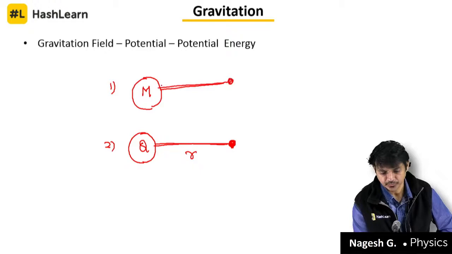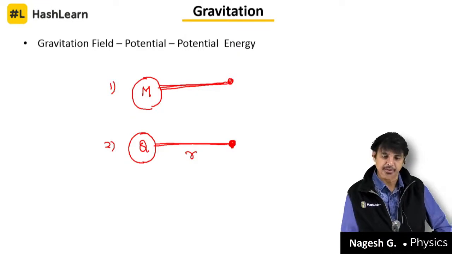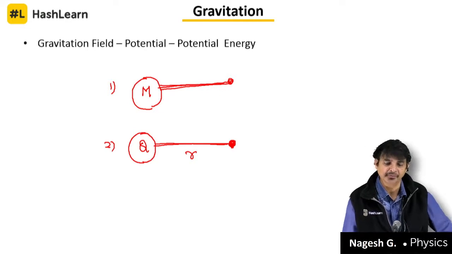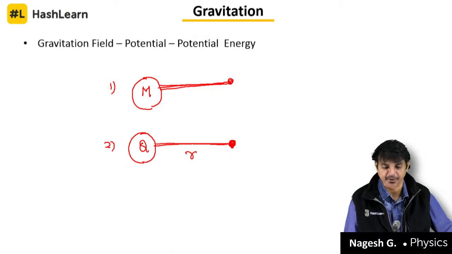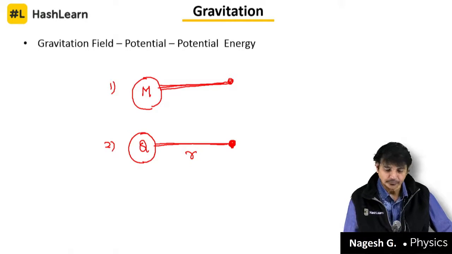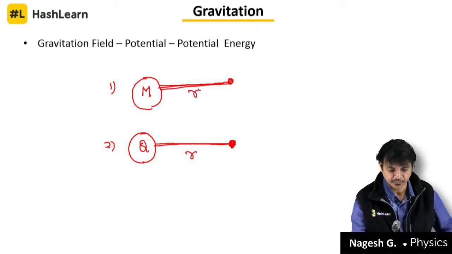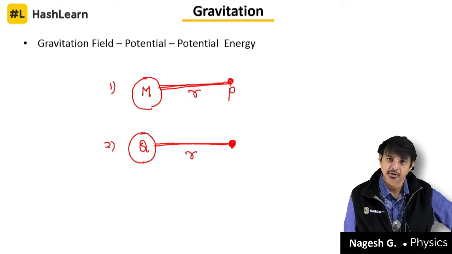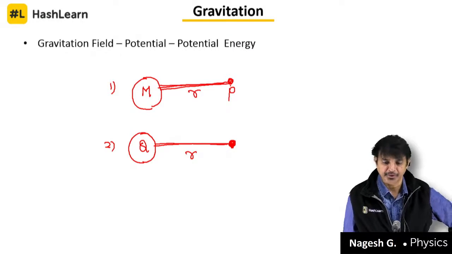I want to know the strength, or intensity, of the gravitational field. First of all, field means the region of space around the heavy mass in which its influence can be felt. So if you want to know the strength of that influence at a particular point, we can define it as the force experienced by unit mass placed at that point.